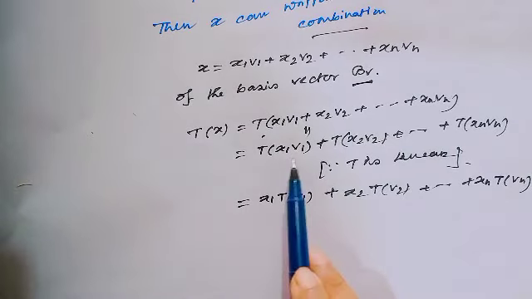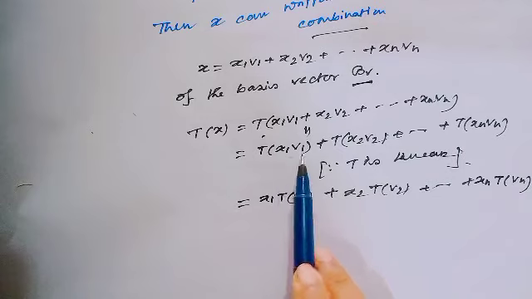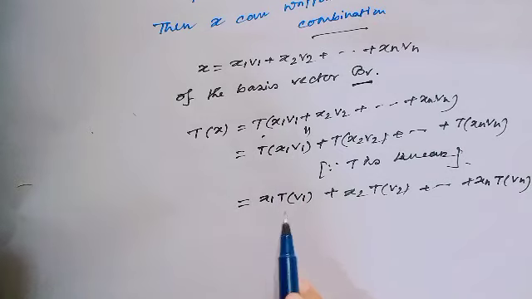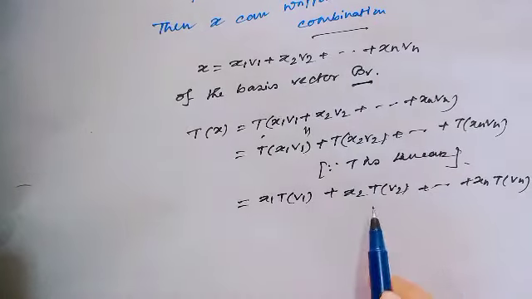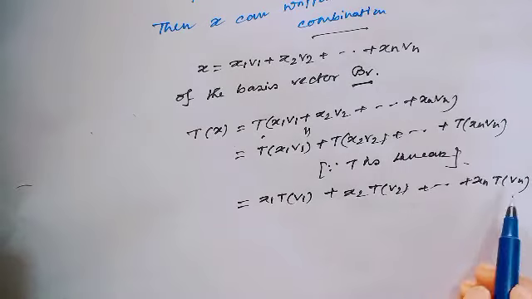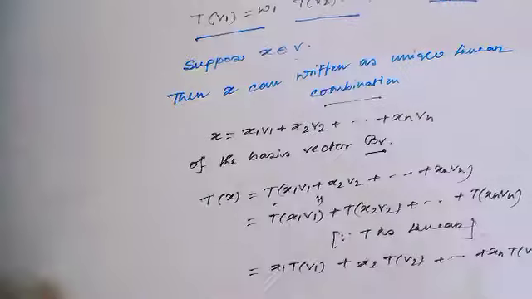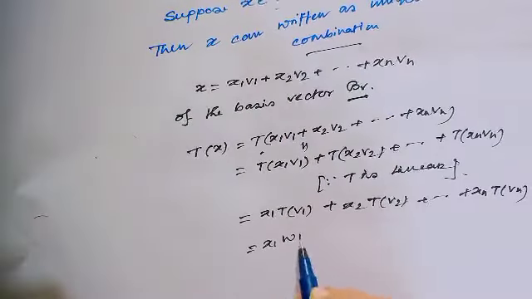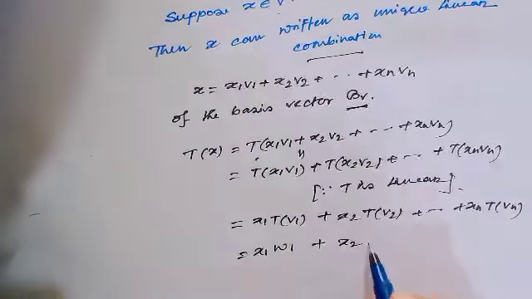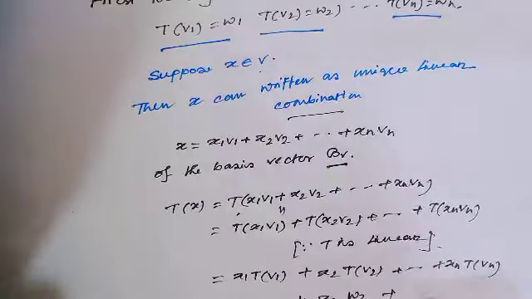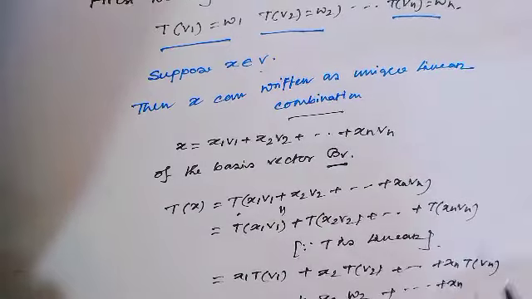By the property of multiplying a vector by a scalar, this is equal to x1 times T v1 plus x2 times T v2 up to xn times T vn. We all know this process. Now put the values T v1 equal to w1, T v2 equal to w2, up to T vn equal to wn.